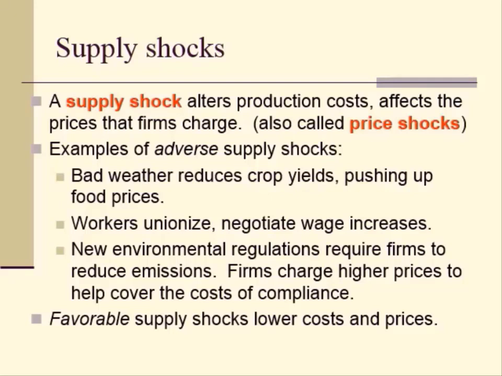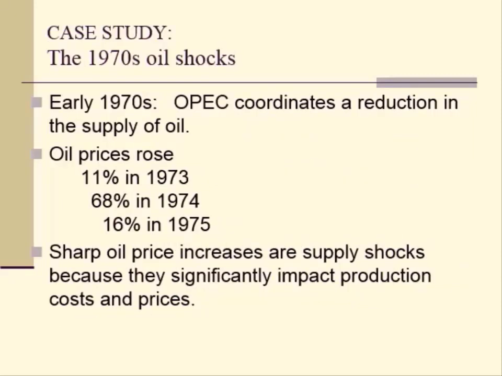On the other hand, favorable supply shocks actually lower costs and prices, and have the opposite effect of the adverse supply shocks I just listed. Now let's look at a couple of examples of supply shocks. The first case study we want to look at is the 1970s oil shocks.